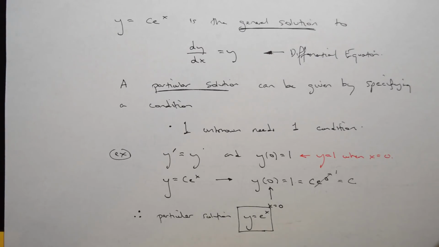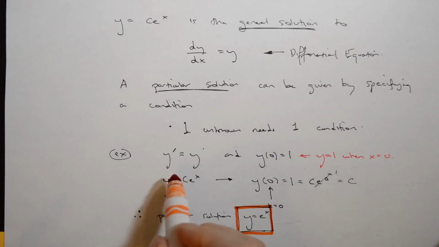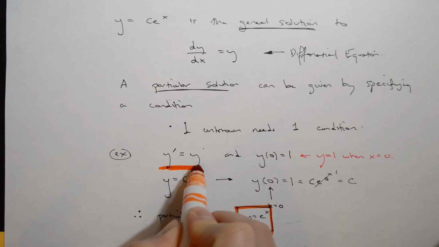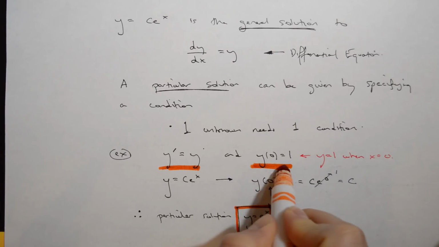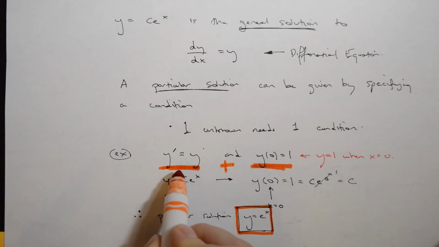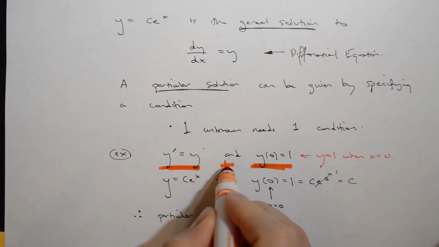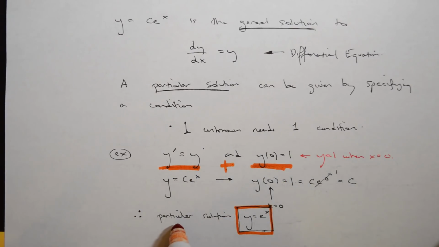So a differential equation together with an initial condition gives us a particular solution, in this case y equals e to the x.